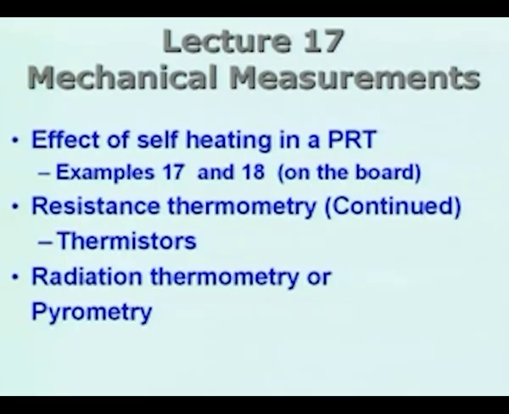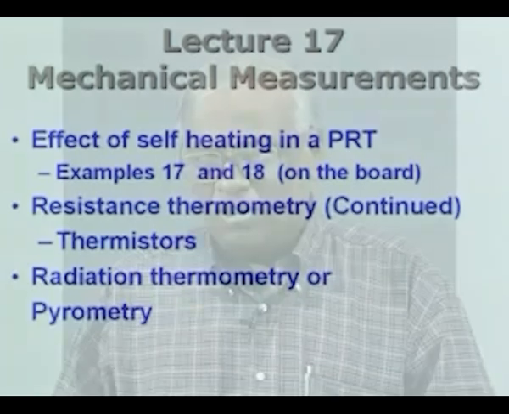And subsequently, we will start looking at radiation thermometry, or it is also called pyrometry. And we have indicated earlier, when we were talking about the temperature scale ITS 90, that above a certain temperature, radiation thermometry becomes the method of measuring the temperature.